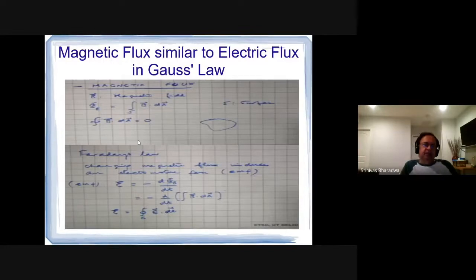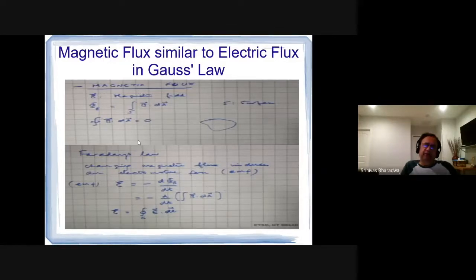Now there is another person called Lenz. Lenz introduced a negative sign. He said that the EMF will be in such a direction as to oppose the changing flux.